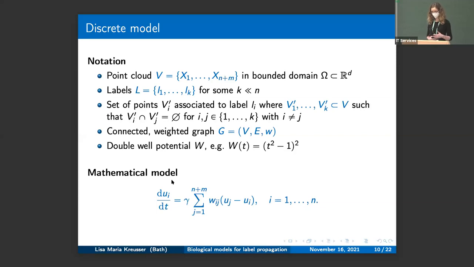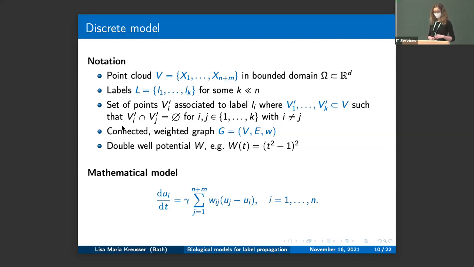So for label L_j, we assume that the associated subset of points with this label is given by V_j', which are all subsets of V. And just for consistency reasons, we also assume that one point cannot be in several of those sets. This means that the intersection of V_i' and V_j' has to be empty.